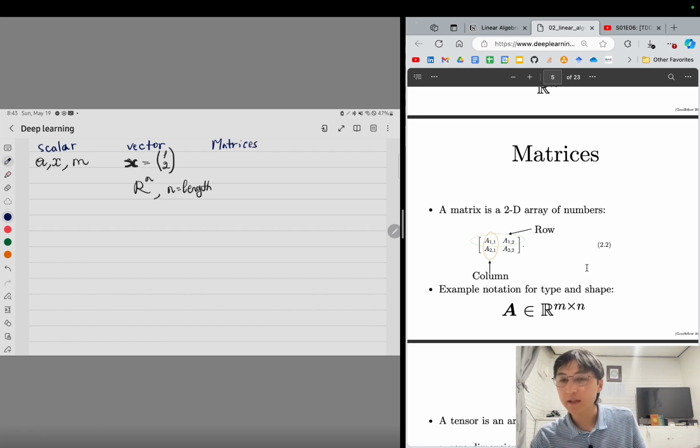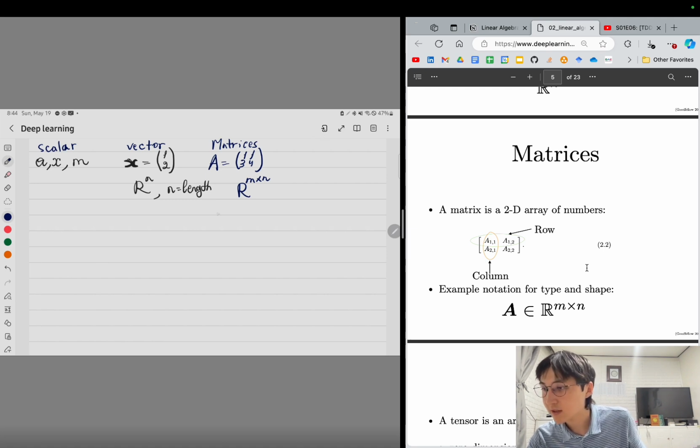A matrix is a 2D array of numbers, and we denote matrices with uppercase letters, for example A equals 1 1 3 4. So this is a 2D array of numbers, and we give the notation R^(m×n), where m is the number of rows and n is the number of columns.